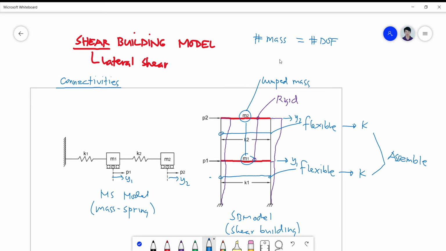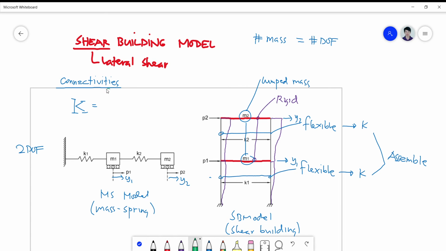Not for special cases, of course. In every rule there is an exception, okay. But for this you will take note that mass 1 and mass 2 simply define a 2 degree of freedom system.